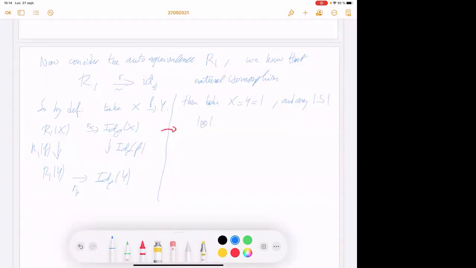So 1 tensor 1, here C tensor ID of 1, 1 tensor 1, R1, 1, C, 1, R1. So it commutes. So you know this commutes.